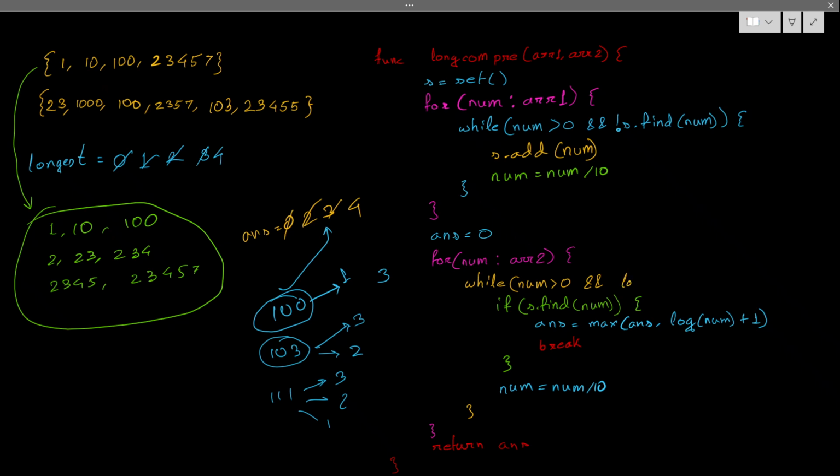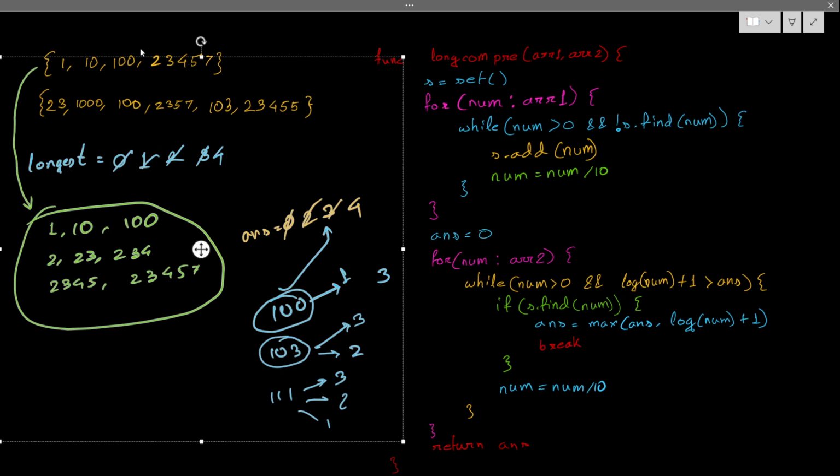It will be log of num plus 1, and it should be greater than my answer. If that is the case, then only I will check. Otherwise, I will not check. Okay, hope you get it. So let's now look at what the time complexity is.